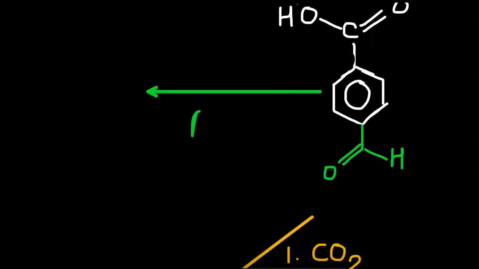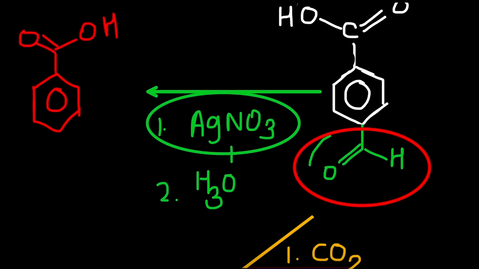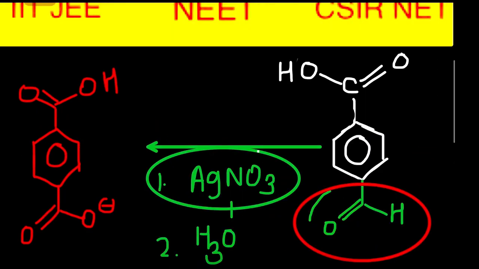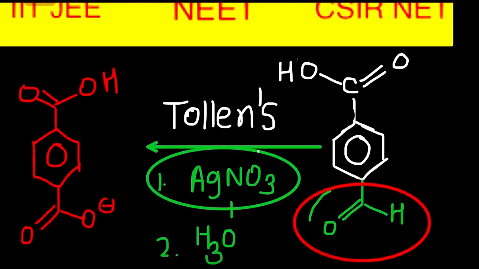The third reagent is AgNO3. This reagent can convert aldehyde into acid because this reagent is called Tollens reagent and this is the Tollens test.